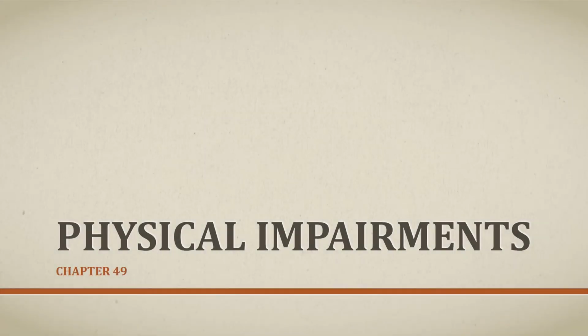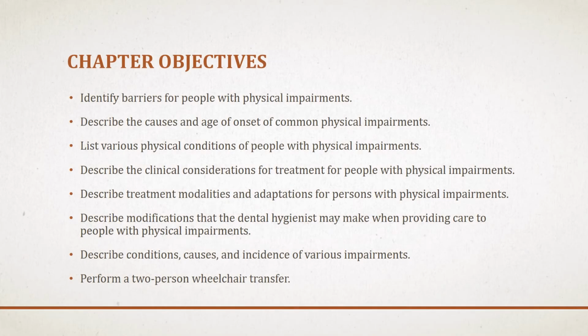Okay, in the last chapter, I'm going to lecture over our physical impairments, chapter 49. And let's go over our chapter objectives. Identify barriers for people with physical impairments. Describe the causes and age of onset of common physical impairments.